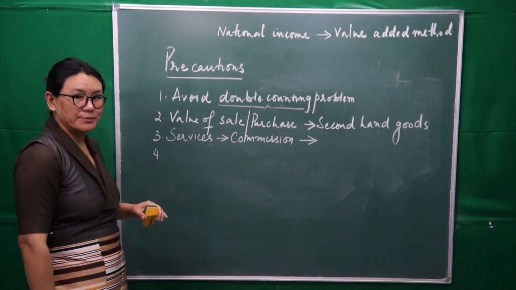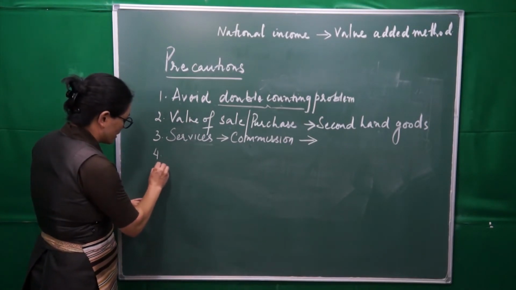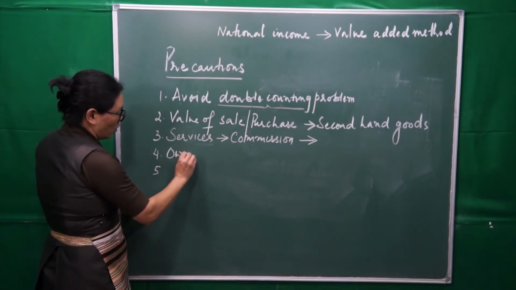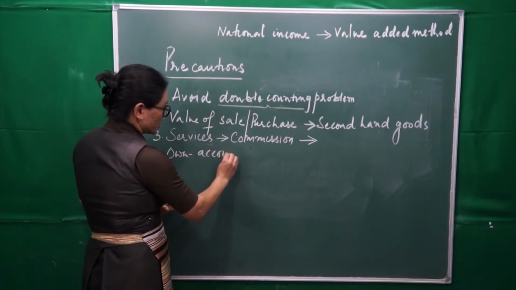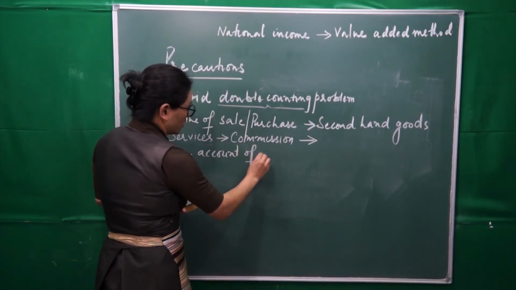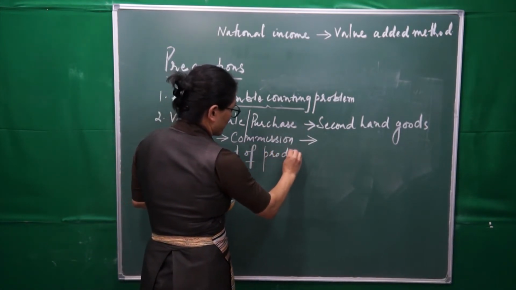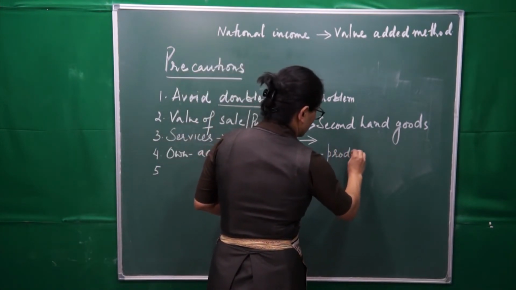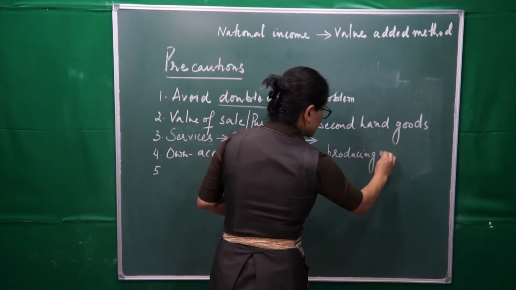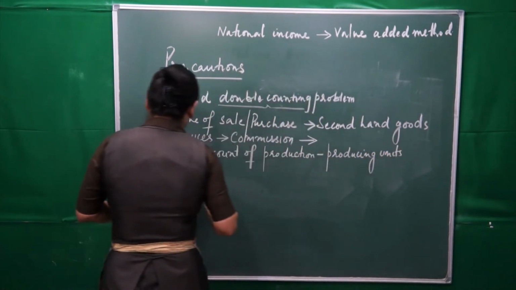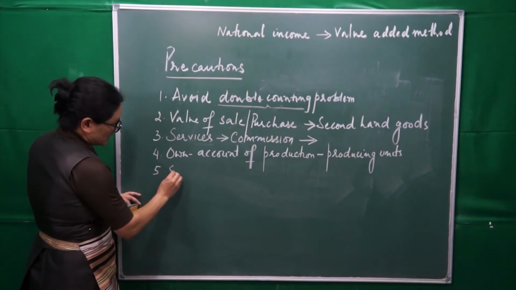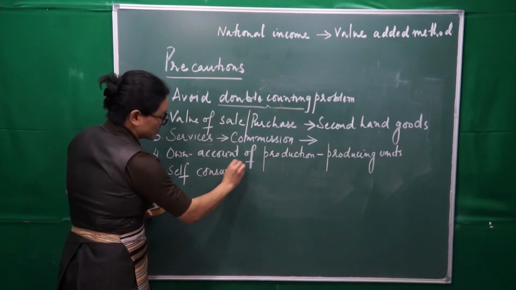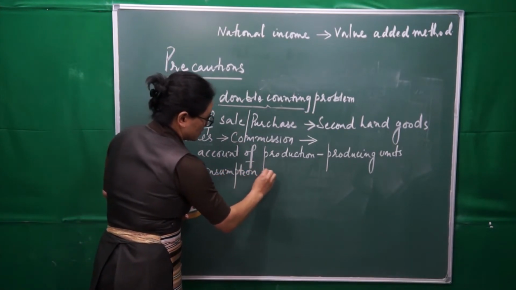Fourth precaution. Fourth and fifth I will take up together. Fourth says on account of production by home producing units, and the fifth one is self-consumption production.